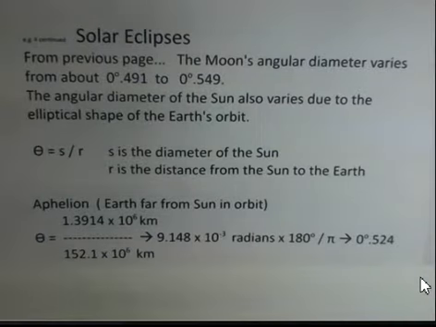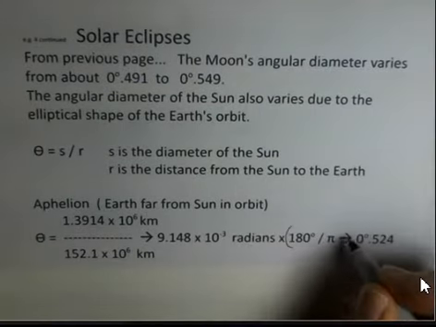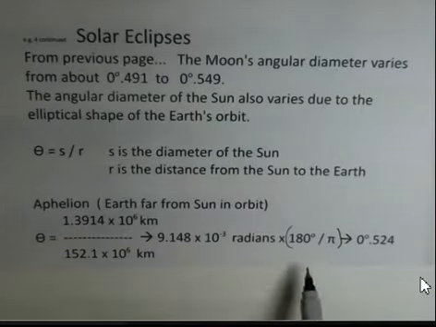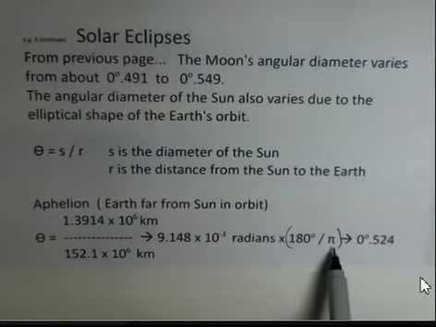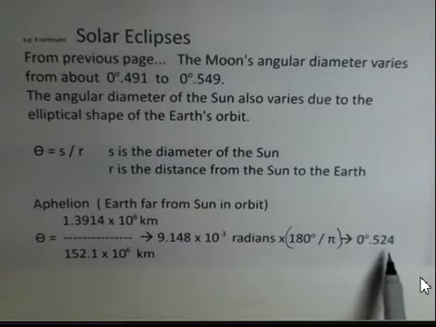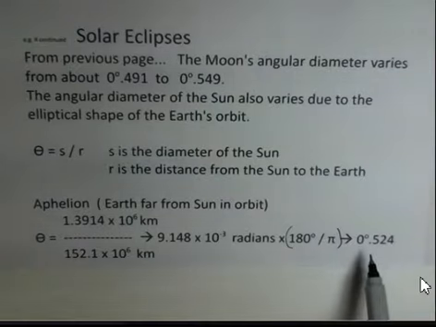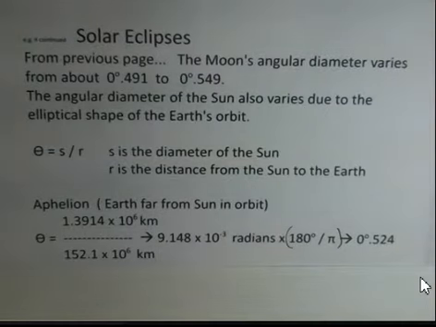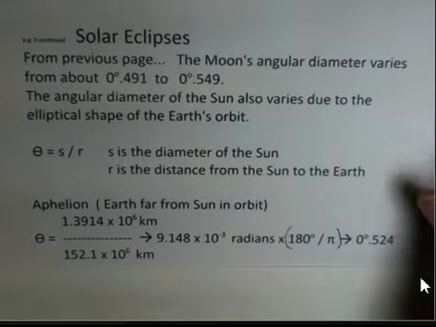Again, we'd rather talk about degrees, so we have this conversion factor. 180 degrees is 1 pi radians. 3.14156 is our value for pi, roughly. And doing that calculation, we find that at aphelion, the size of the disk of the sun, the photosphere, the part of the sun that's emitting light, the angular size of that disk is 0.524 degrees.